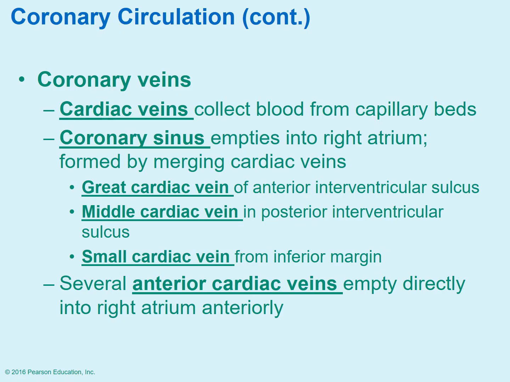The coronary veins: the cardiac veins are going to be collecting the blood from all the capillary beds, and then the coronary sinus empties into the right atrium. The coronary sinus is formed by all the cardiac veins merging. You have the great cardiac vein, the middle cardiac vein, and the small cardiac vein.